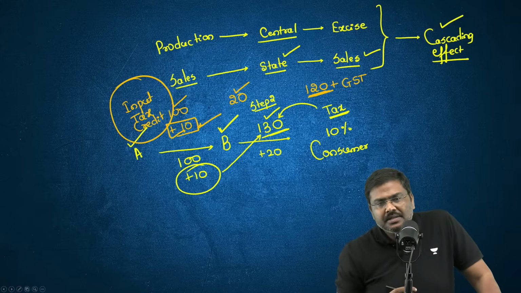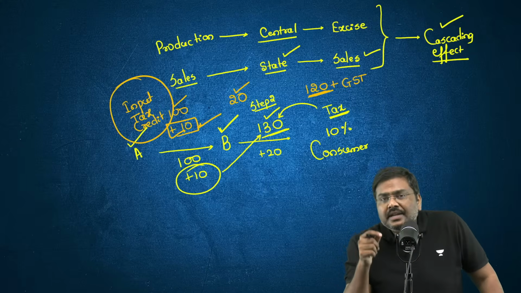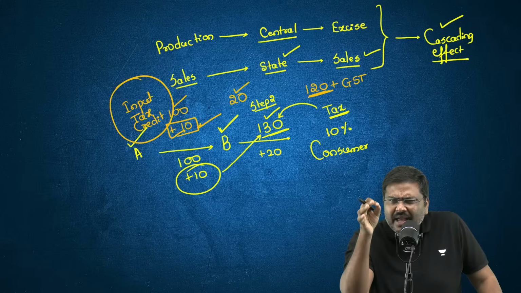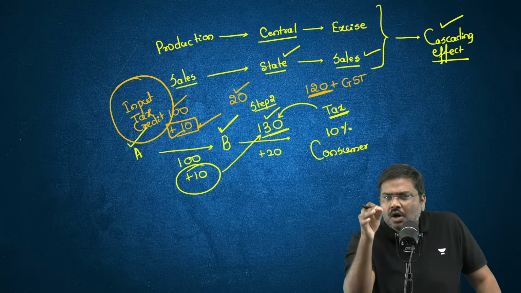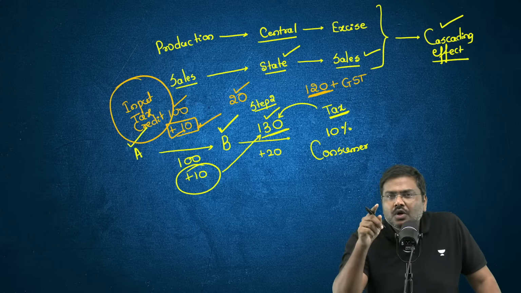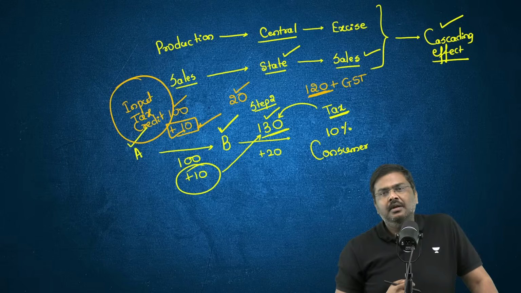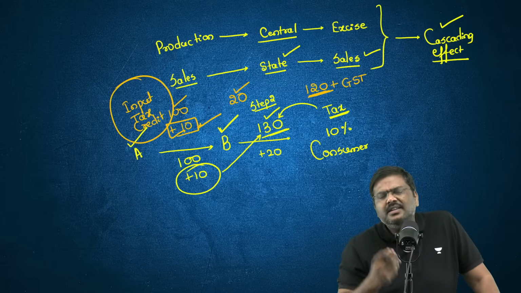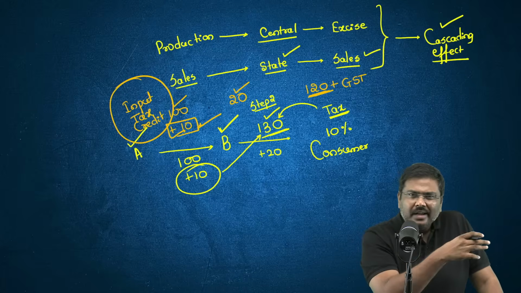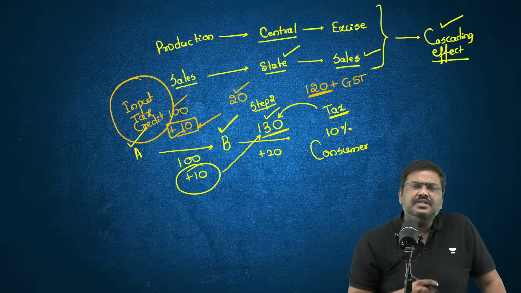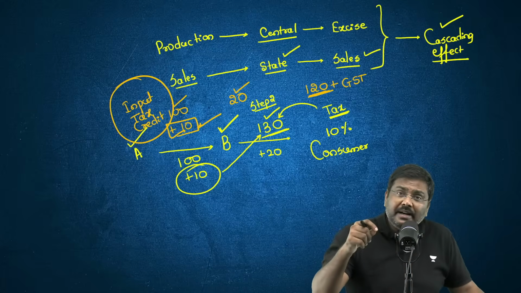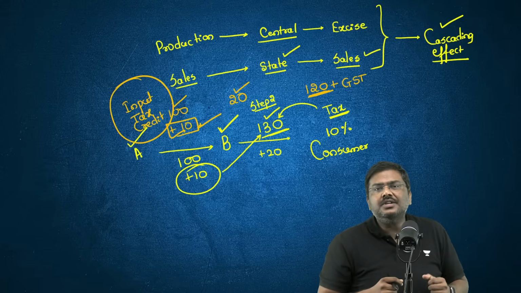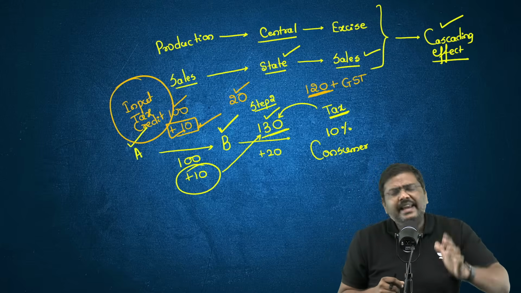And please remember this. The input tax credit is one of the very important features or characteristics of goods and services taxation. Because earlier there were multiple situations where, despite making reforms in indirect taxation, there was a cascading effect.